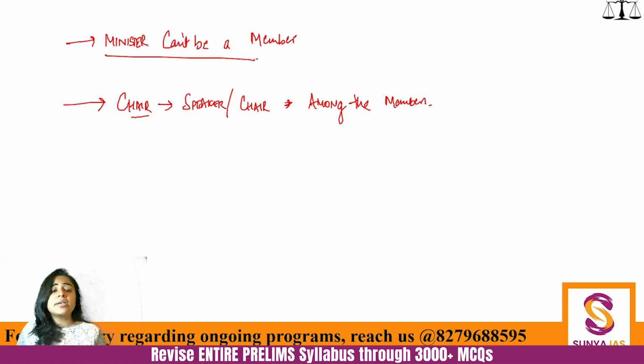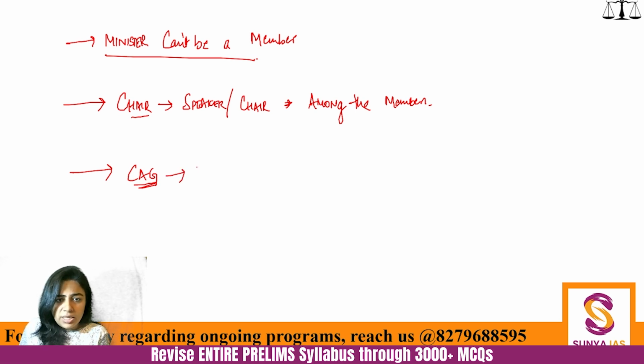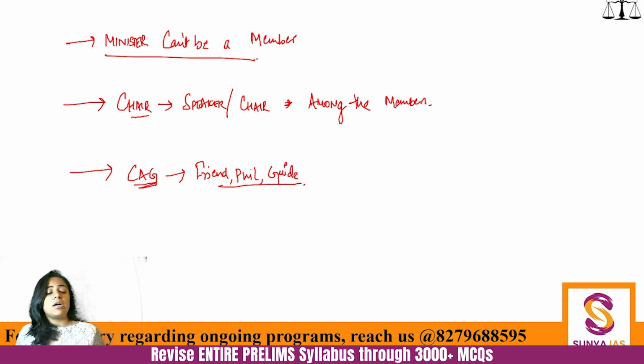Now this particular committee is assisted by the Comptroller and Auditor General of India as well, CAG. And this is very important, that CAG acts as a friend, philosopher, guide to the Public Accounts Committee. Please note this down. This is very, very, very important.